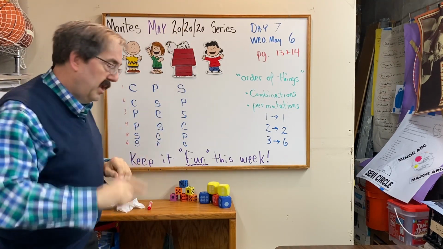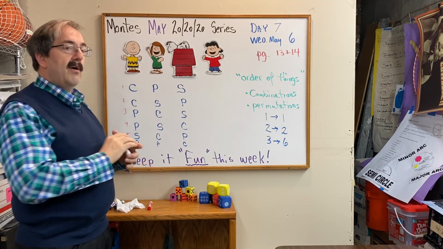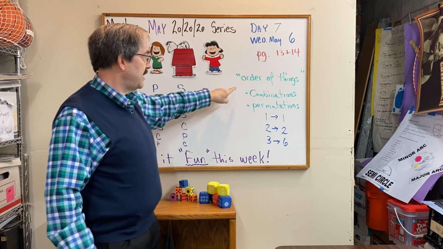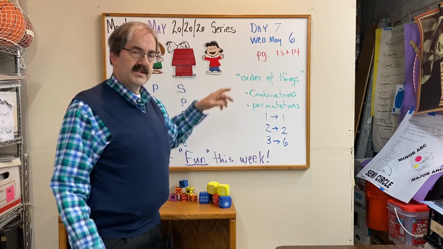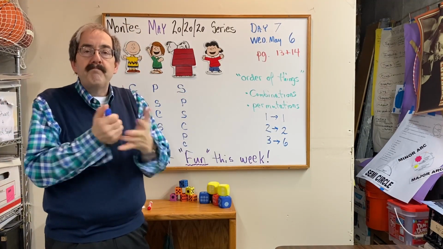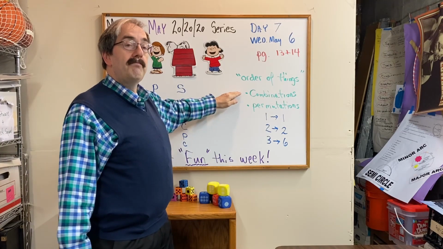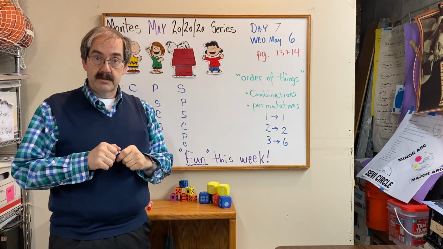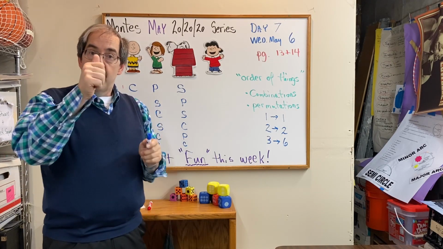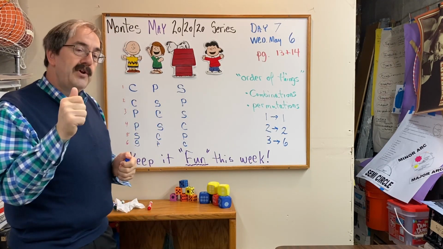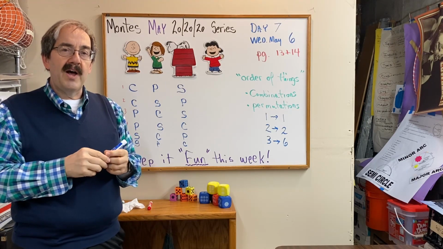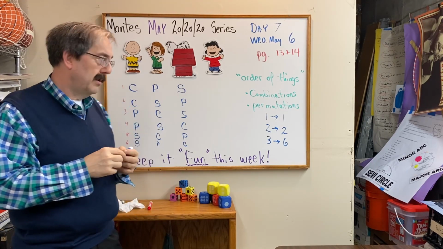All right? So, the new learning for your note card is this concept of order of things. We're going to need to know how many possible combinations there are of these items. You have to look at whatever you're using for a calculator, and I want you to try to find the factorial button.